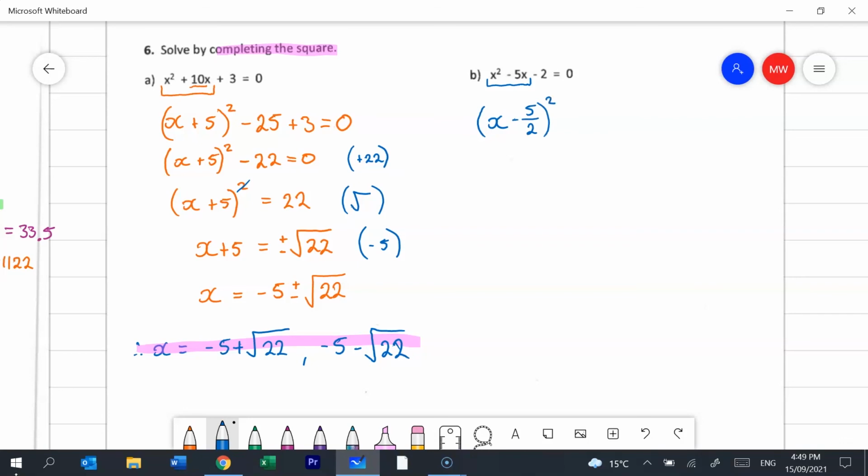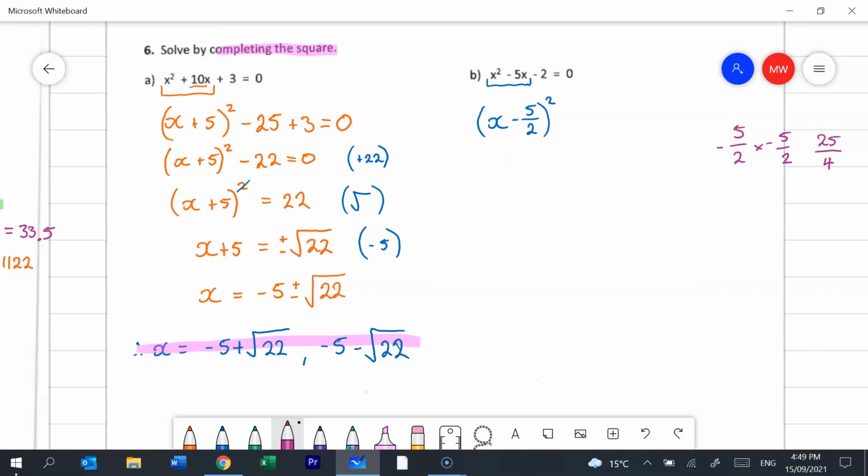Now, minus 5 times minus 5, and remember we have to square that. I'm going to do that over on the side over here. So if we've got minus 5 on 2 times minus 5 on 2, remember what this will turn out to be is 5 times 5 makes 25, 2 times 2 makes 4.